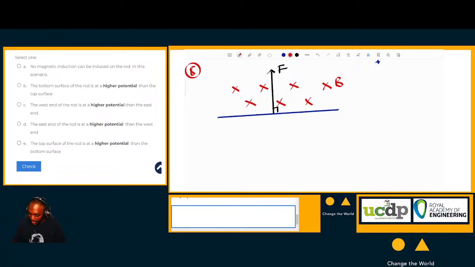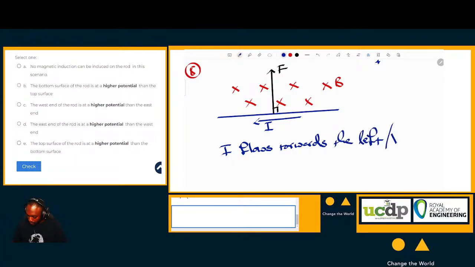So your induced current I in the conductor flows to the west. Current flows towards the left.